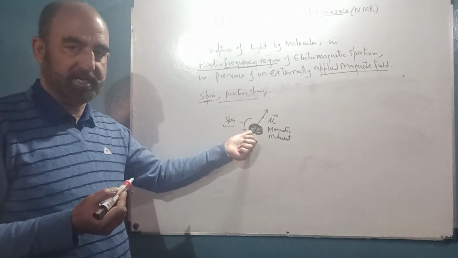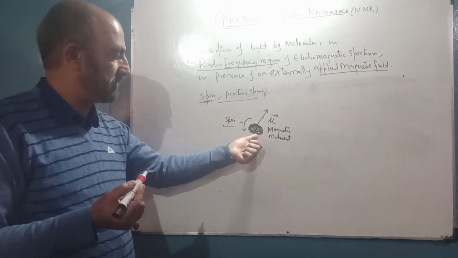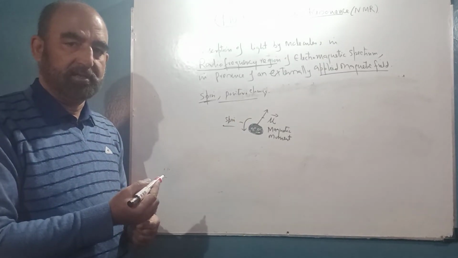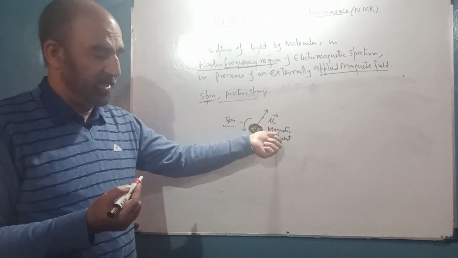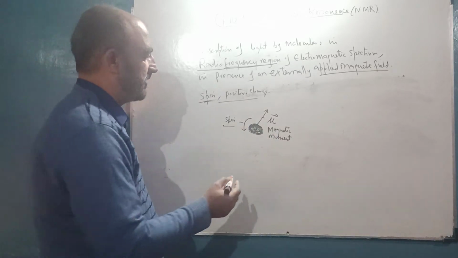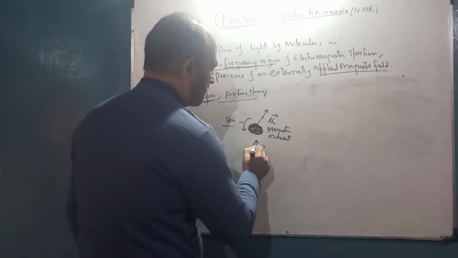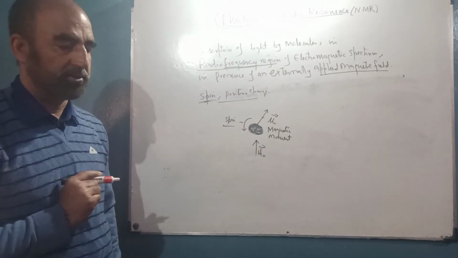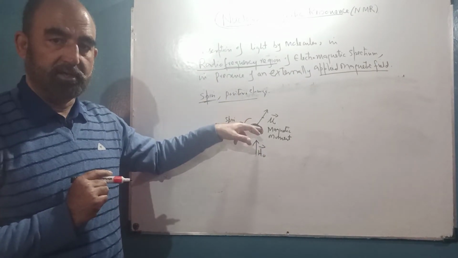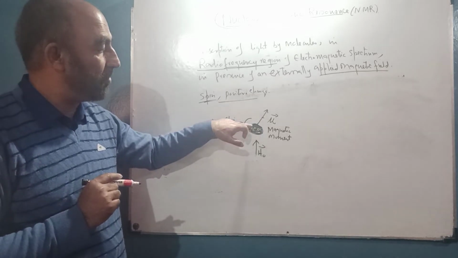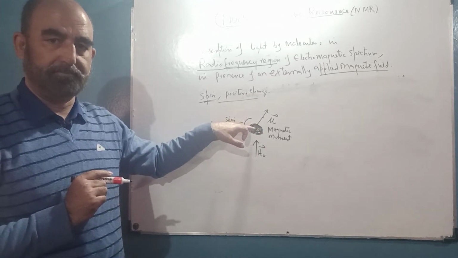So a spinning particle having a charge giving rise to a magnetic moment, and when we apply an external magnetic field, what will the field do? It will impart a force on this magnetic moment.